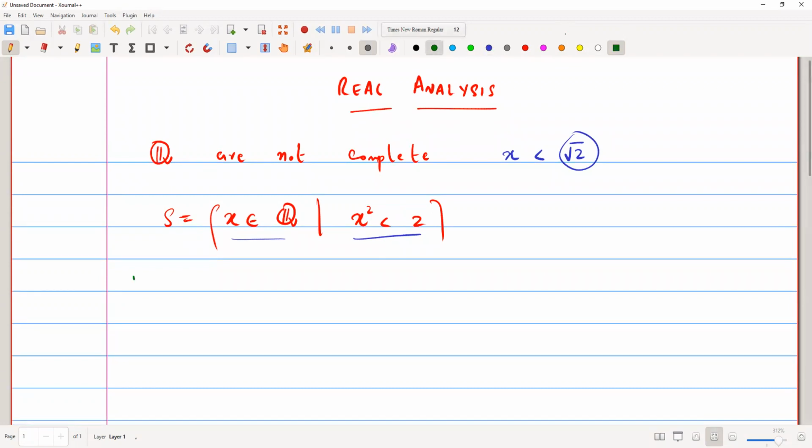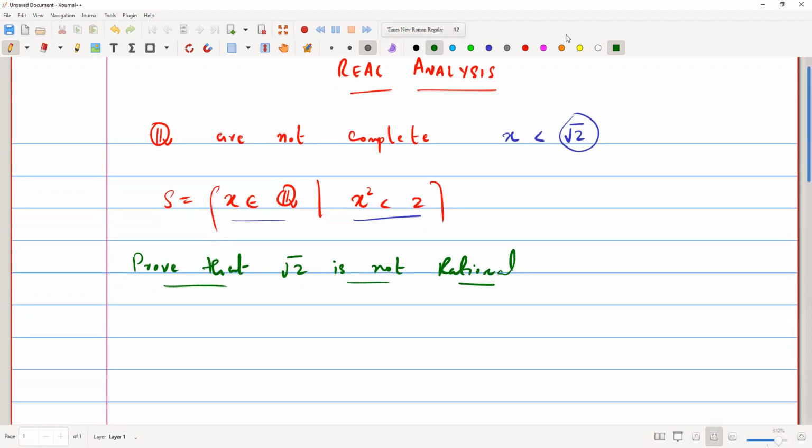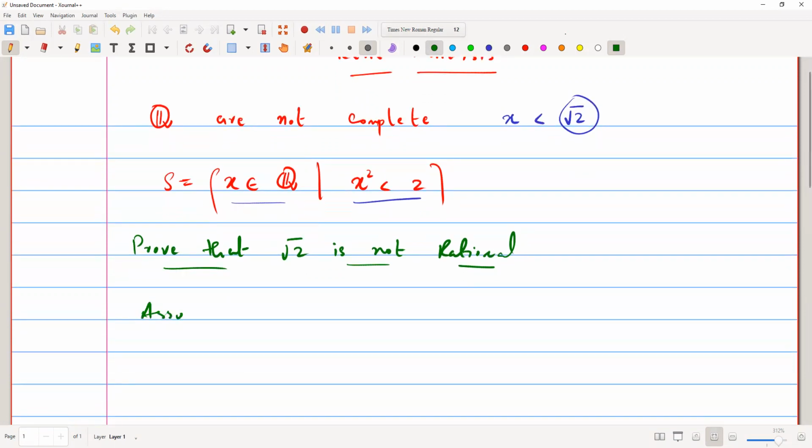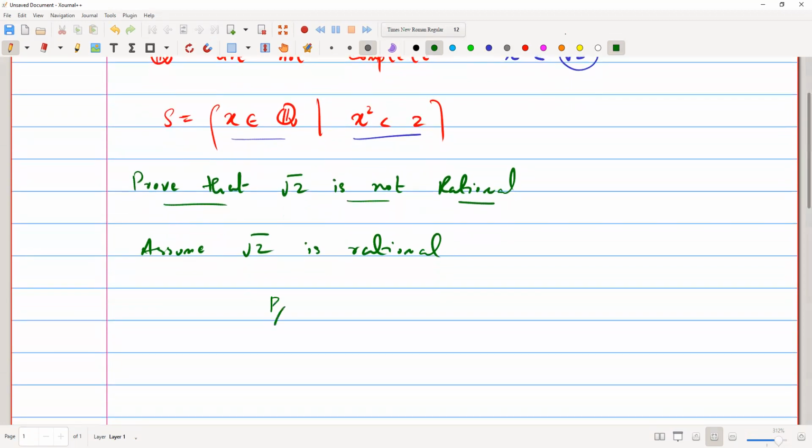So now, the proof that square root of 2 is not rational. We will prove it by contradiction. We start with the assumption that square root of 2 is a rational number, which means that we can write square root of 2 as p over q, where p and q are integers and they do not have any common factor.